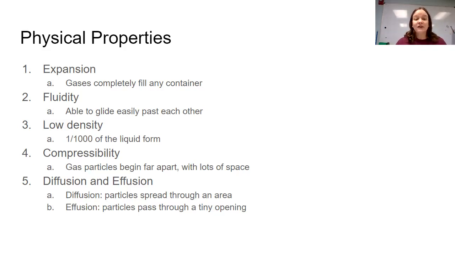But typically, most gaseous substances at atmospheric pressure, and we'll talk about why that matters in chapter 11, have a density that's about 1/1000th what it is in their liquid form. That's just because their particles can spread out. That's assumption number one, right? The particles in a gas are spread out so far compared to the size of the particles.